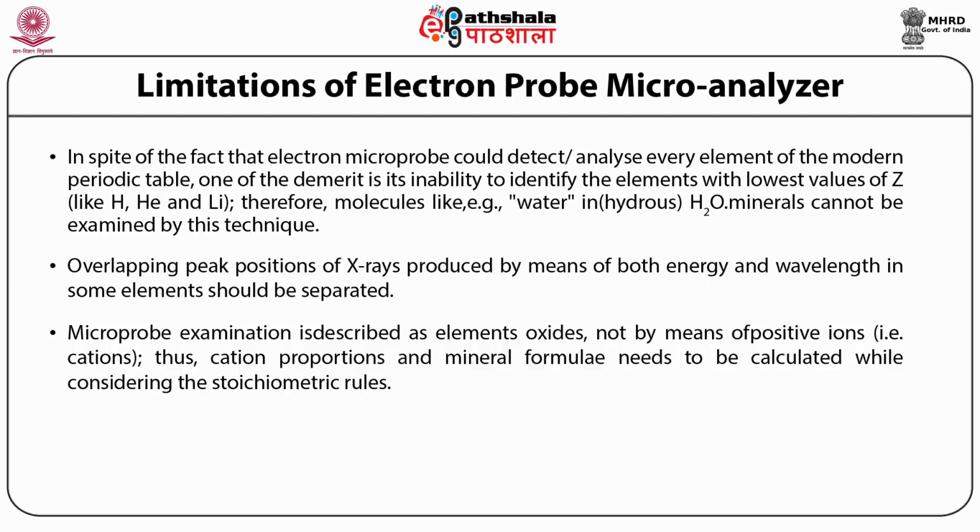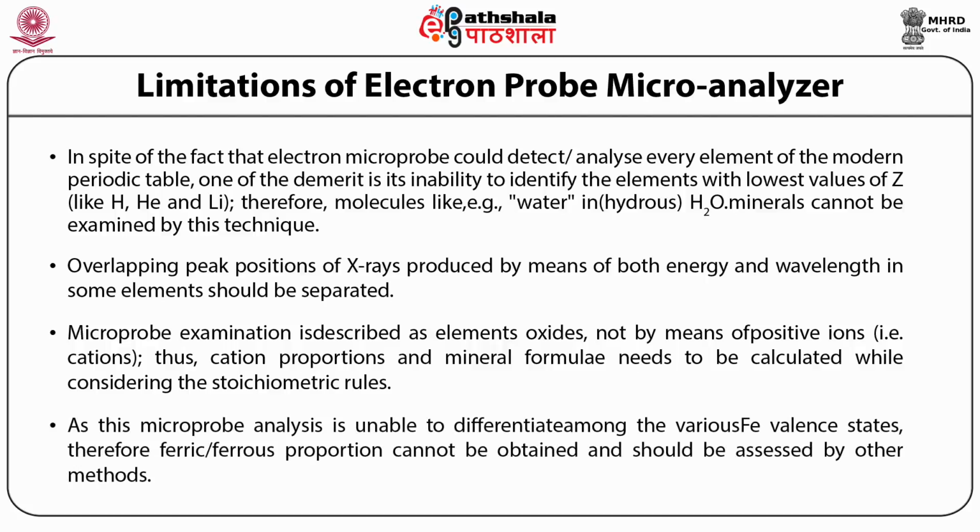Thus, cation proportions and mineral formulae need to be calculated while considering the stoichiometric rules. Last, as this microprobe analysis is unable to differentiate among the various oxidation states, ferric or ferrous proportion cannot be obtained and should be assessed by other methods.